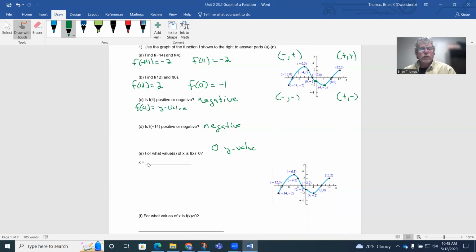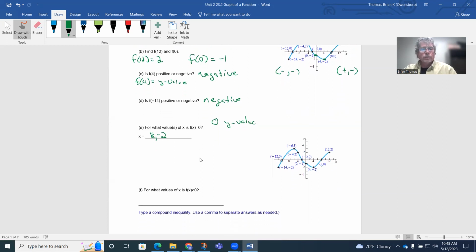One of them is x is 8. And another one is this -2, 0. So -2 would also be a value for x. So f of 8 would equal 0, and f of -2 would also be 0. So there would actually be two x values that have a y value, or an output value, of 0.